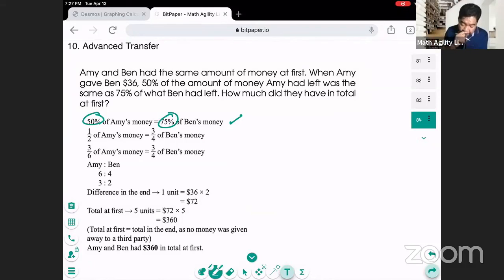So multiply this left-hand side by 3, so 1/2 times 3 over 3, that's 3 over 6. Then that equals 3 over 4 of Ben's money. So Amy is to Ben as 6 is to 4, looking at the denominator.